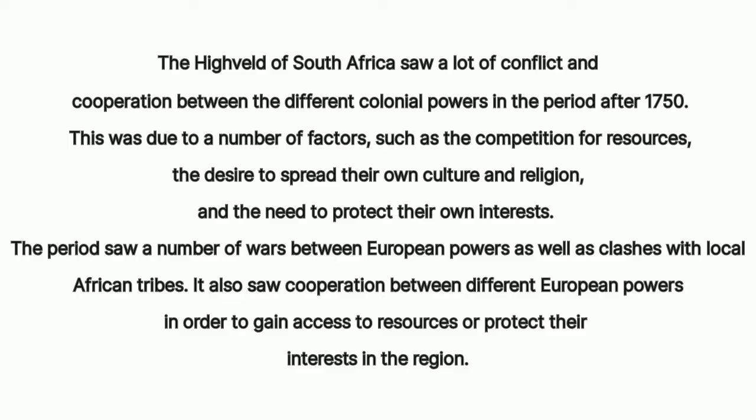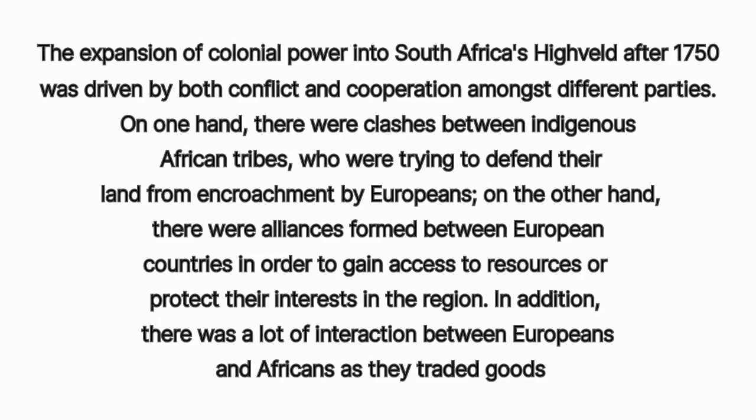This also caused conflict: culture and religion, and the need to protect their own interests. The period saw a number of wars between European powers as well as clashes with local African tribes. It also saw cooperation between different European powers in order to gain access to resources or protect their interests in the region.